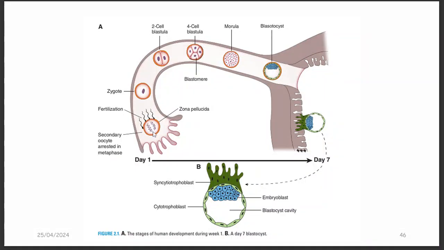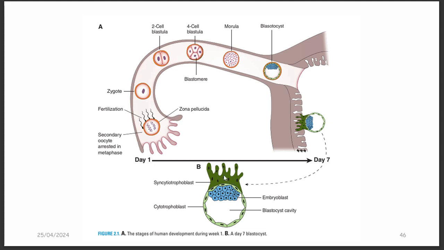So you can see this thing has moved all the way from here. Then implantation has come to happen here in the functional layer. You can see that the trophoblast has divided into two: the syncytial trophoblast and the cytotrophoblast. Look at the syncytial trophoblast. You can't differentiate the cytoplasms. You only have nuclei inside.